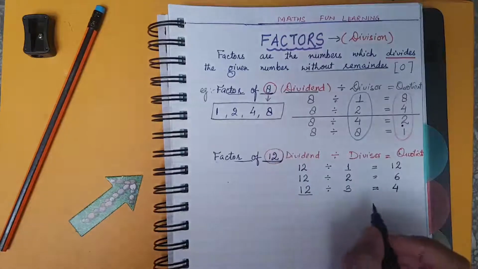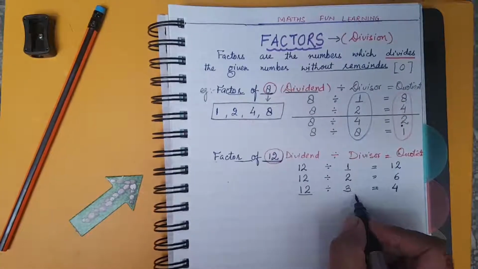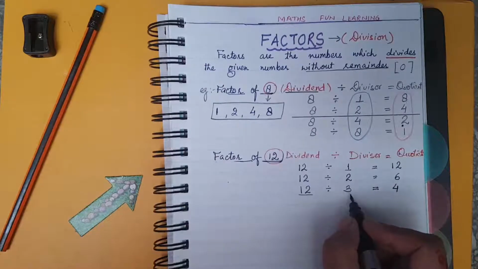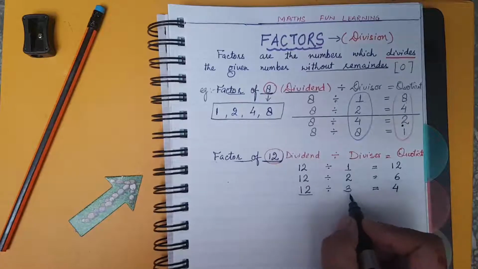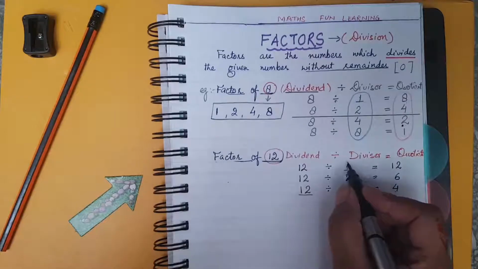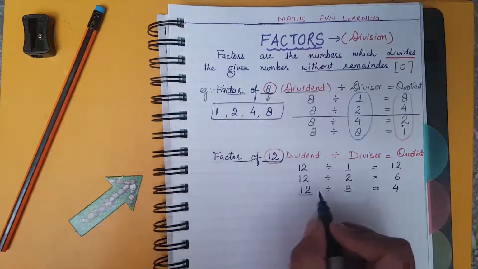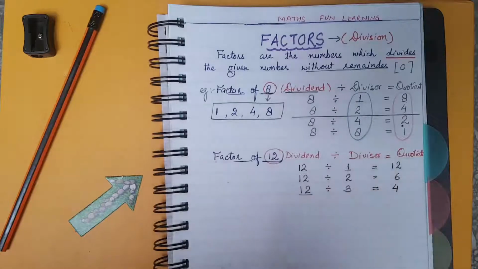Now kids, you have to observe, after 3 which number will come? 4. Very good. And if you observe here, your quotient will get a 4. That means from 1 to 12, all the factors of 12 are here only. Okay, I will just change my pencil.